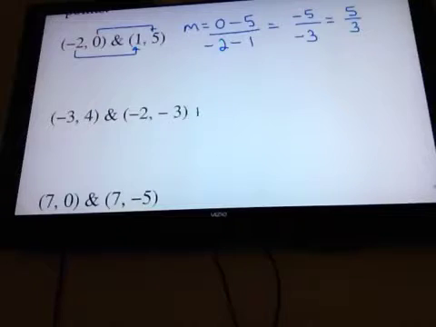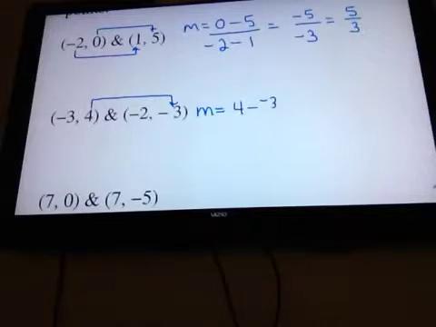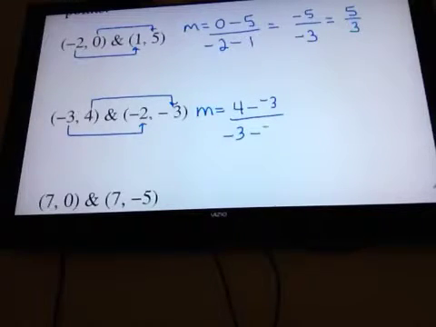Okay, on my next one here. Same deal. Y minus y. So 4 minus a negative 3. Always minus when you're finding the slope. And then x, which is negative 3, minus the other x, which is a negative 2.